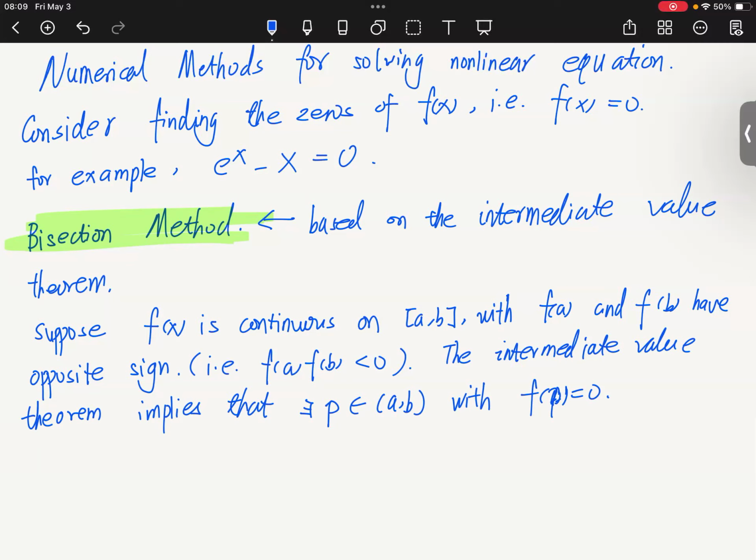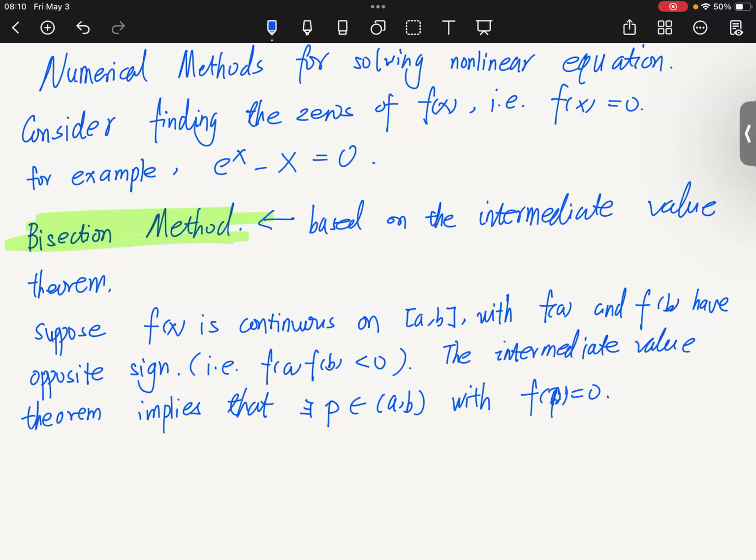This is the interval [a, b], and now we have a function, where f(a) is above the x-axis and f(b) is below the x-axis here. You can definitely have a different function, but here f(a) and f(b) have opposite signs. The intermediate value theorem says that there is this point p here such that the function evaluated at this point is equal to 0.